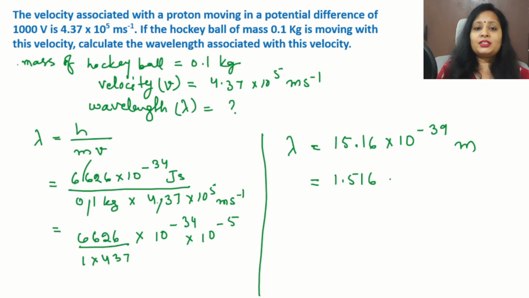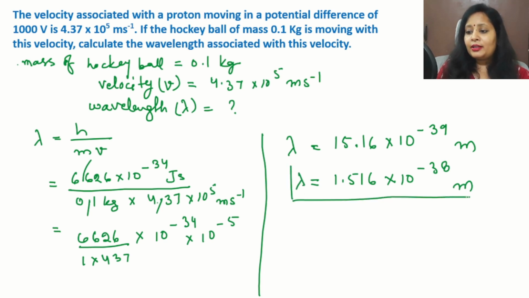The decimal is shifted one step left side, it means plus 1 power is added. So minus 39 plus 1, it means it becomes 10 to the power minus 38, and the unit is meter. So in this way we are able to get the value of lambda. So here it is our answer.